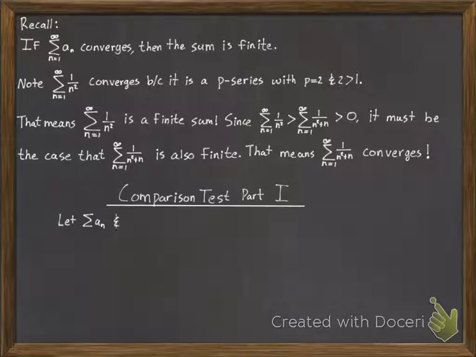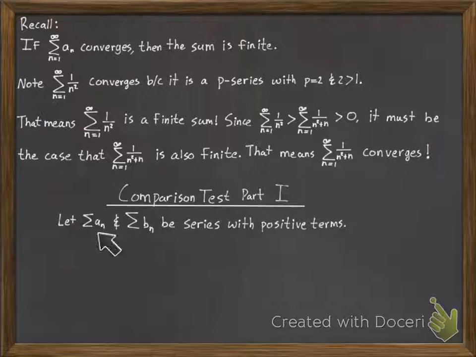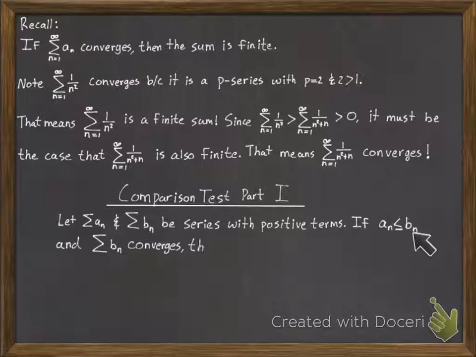If I've got two series with positive terms, a sub n and b sub n, let's suppose that all of the a sub n's are less than all of the b sub n's. If that's true, and my series of b sub n's converges, then my series of a sub n's is also going to converge.